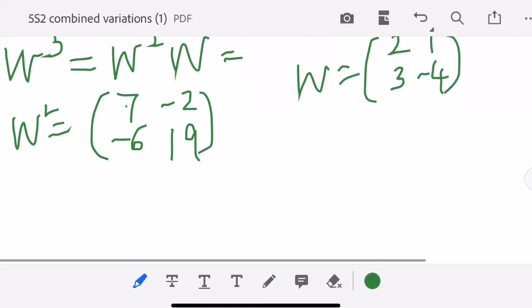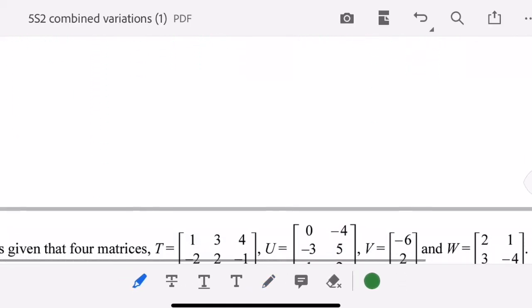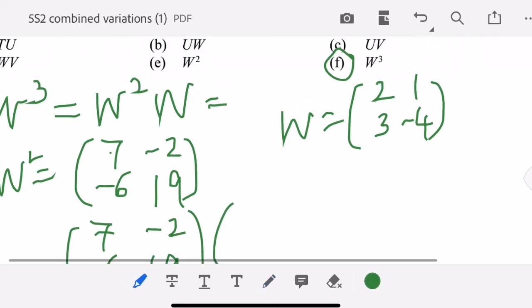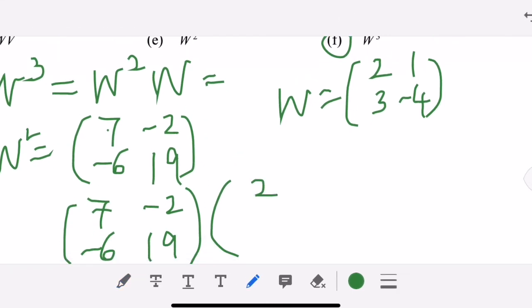Okay, let's multiply the two matrices: 7, -2, -6, 19 is going to multiply with 2, 1, 3, -4, right? So how to find the answer?